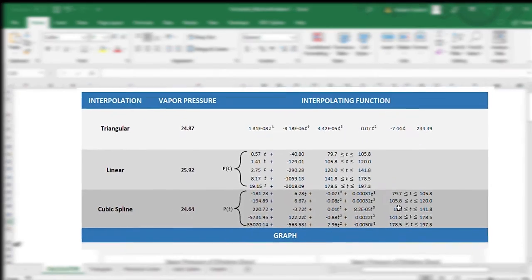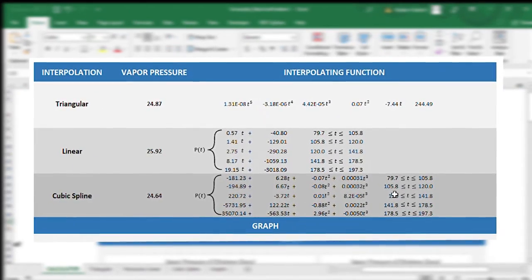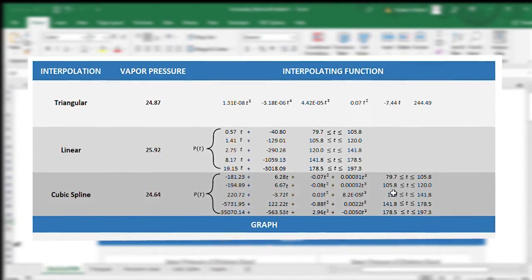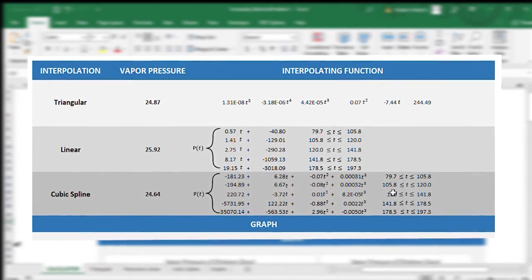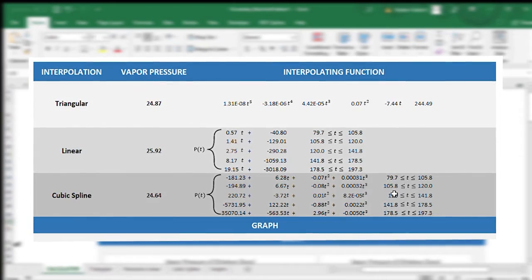In summary, these are the interpolating functions using Newton interpolation by triangular matrix, piecewise linear interpolation, and piecewise cubic spline interpolation.